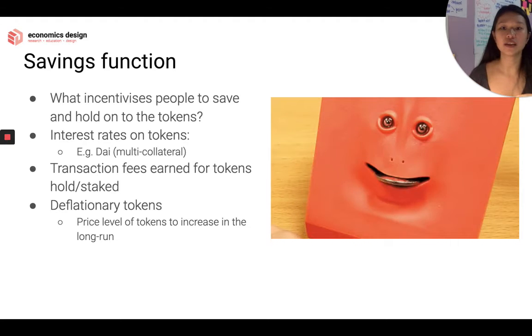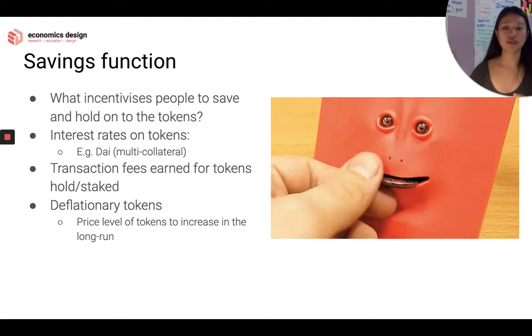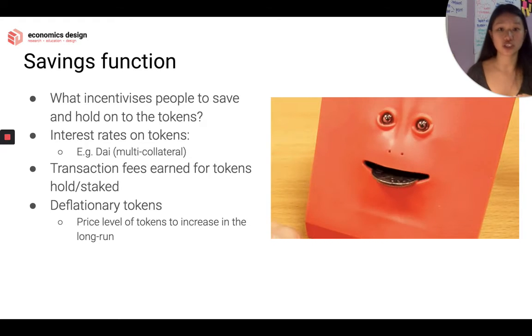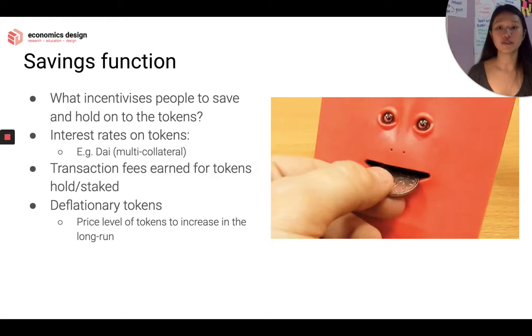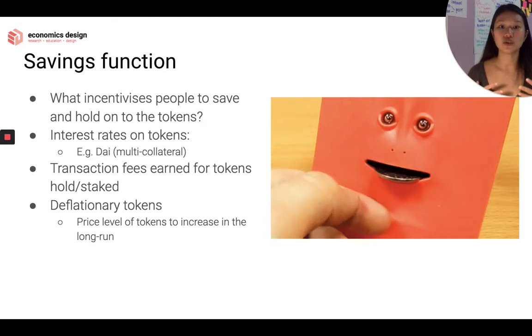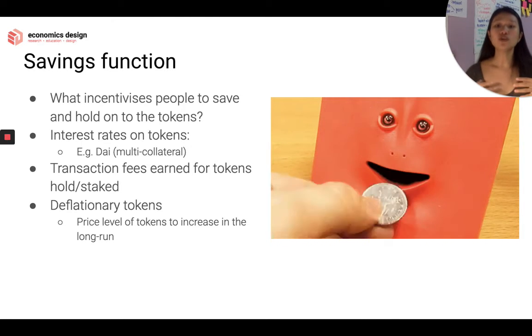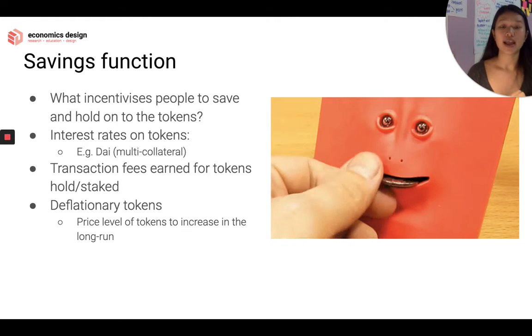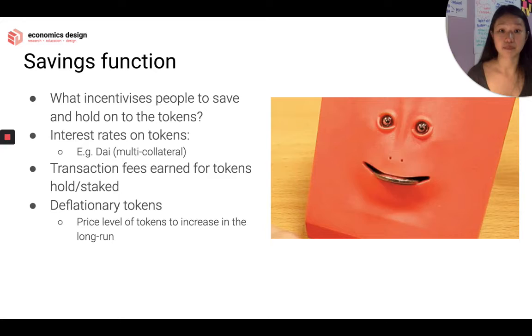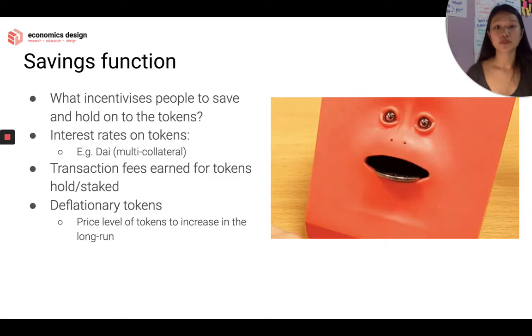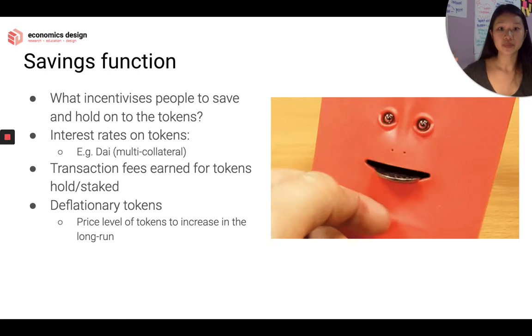You should consider savings functions in 3 scenarios. The first one is during introduction, when you just start your tokens and you have early adopters coming in. What incentivizes people to keep the tokens and not do a pump and dump? The second is when it reaches a more steady state and your ecosystem is growing.